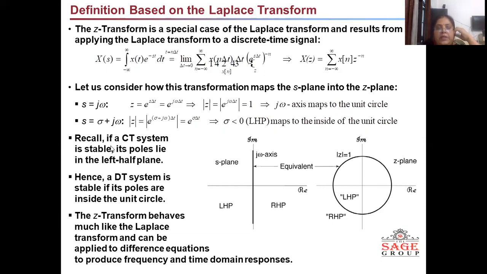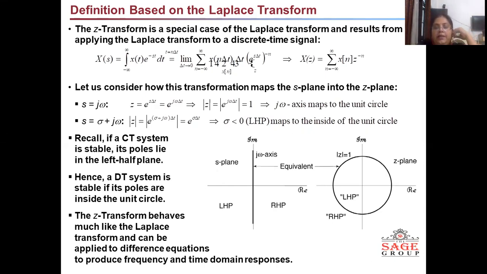Now, a continuous time system is stable if its poles lie on the left side of the half plane. So if a system is stable, then all the poles should lie on the left hand side. Now if we consider the discrete time system, the stability condition is that its poles are inside the unit circle.